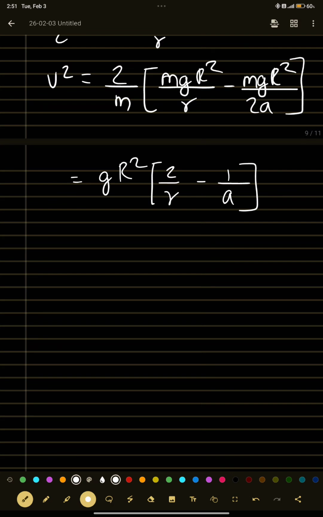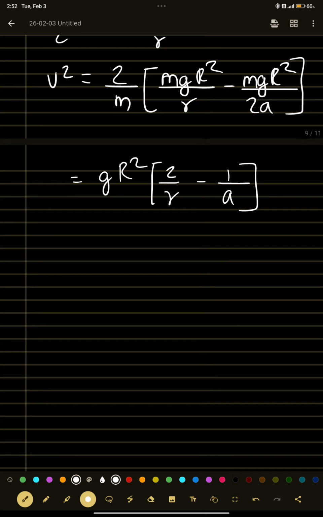So this term gets reduced and gets deducted by a constant term. Similarly, when r is minimum, 1 by r is maximum, v will be maximum. R minimum मतलब perigee, and velocity is more at the perigee.